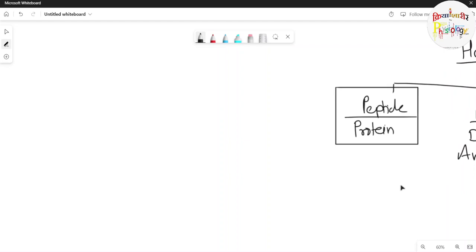Many glands secrete this type of hormone. We are going to see which glands secrete these hormones.